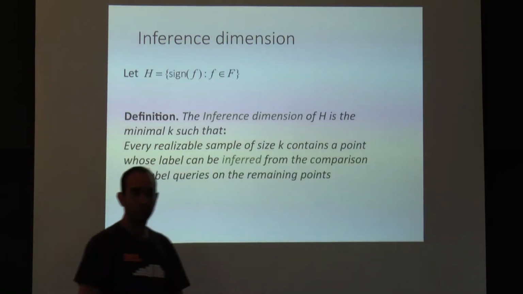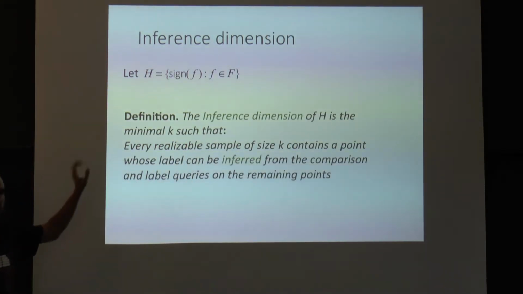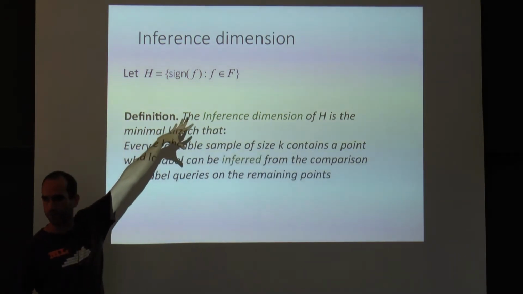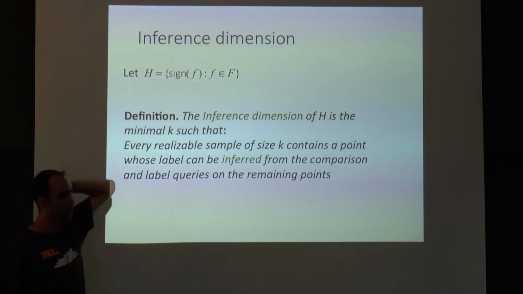So what is the inference dimension? This is maybe the only technical part of this talk. Again, we have this class H, which is the sign of F, where F is a class of real functions.